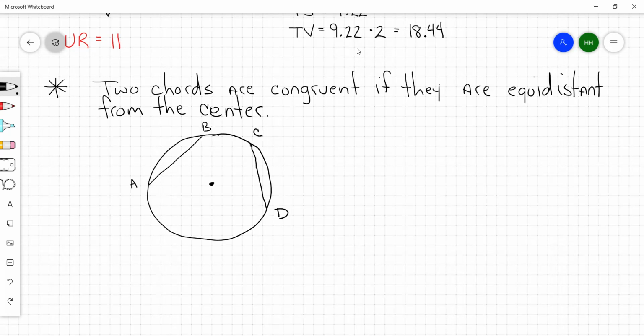Two chords are congruent if they are equidistant from the center. So look, when you measure the distance from a chord to the center, it goes along the portion of a radius, and it has to be perpendicular. So in both of these cases, if E to F is congruent to E to G, that means that those two chords are the same distance from the center of the circle.